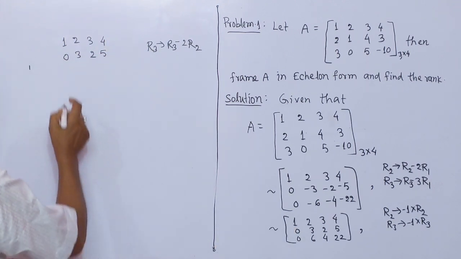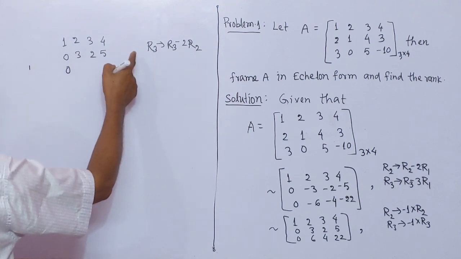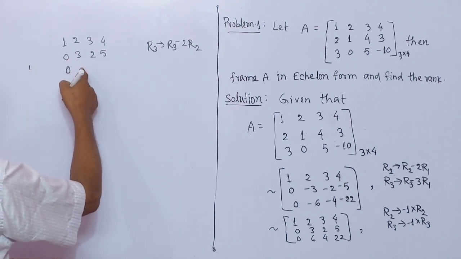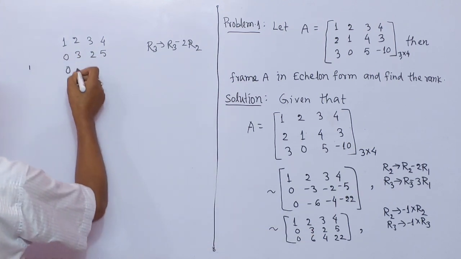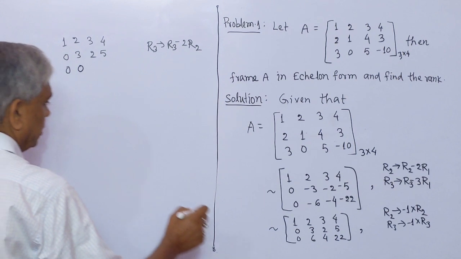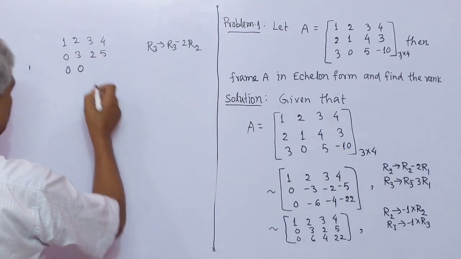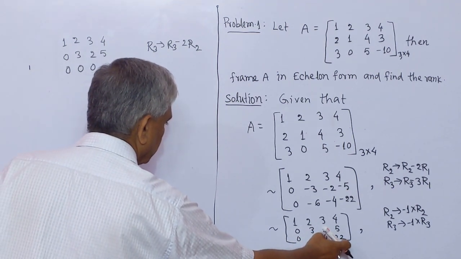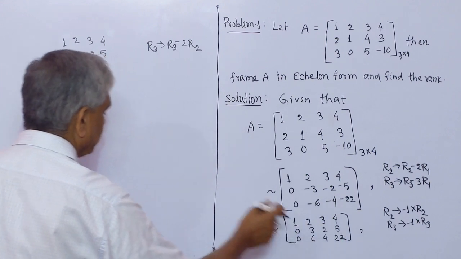Here 0 minus 2 into 0, 0. Here 6 minus 2 into 3, 0. Here 4 minus 2 into 2, 0. Here 22 minus 5 into 2, 10, means 12.